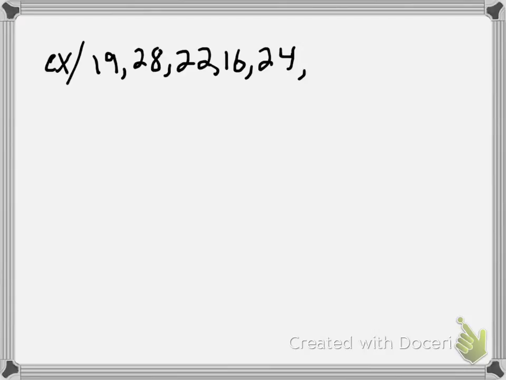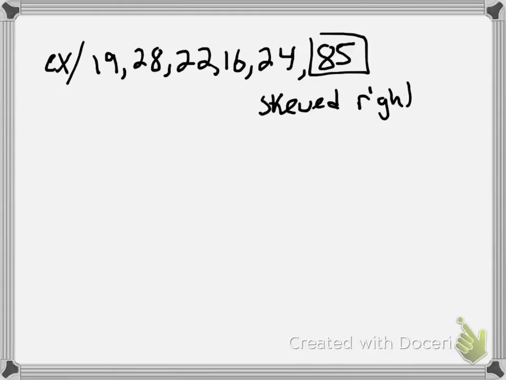These are the workers at this company, and the company decides to hire one other person, and the person they hire is 85 years old. And they'll say, what does that do to our data? Well, obviously, this number is much higher than everything else, so this is going to make our data skewed to the right. And you'll just have to be able to put that in multiple choice.